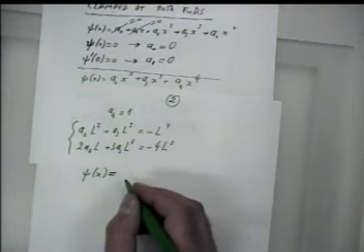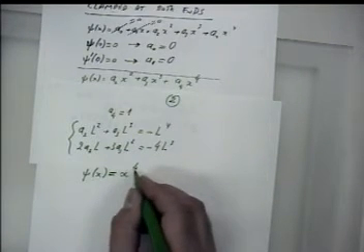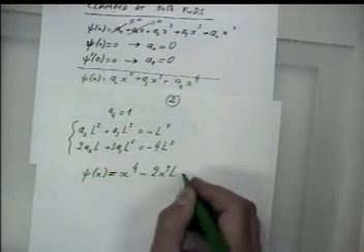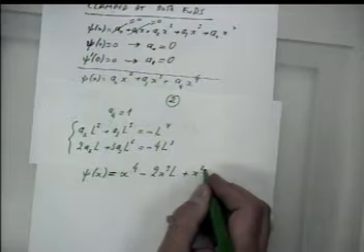psi of x equals x to the fourth power minus 2 times x cubed L plus x squared L squared.